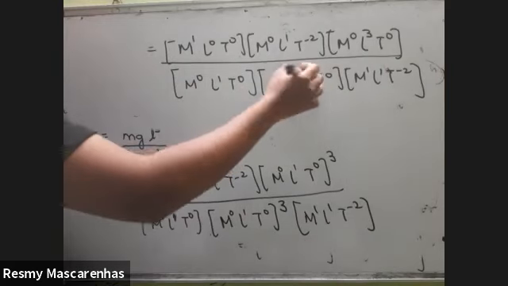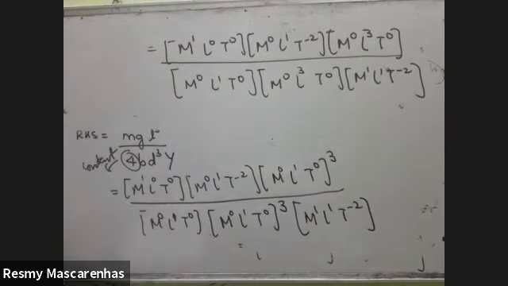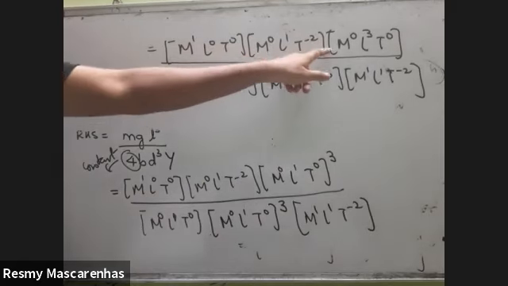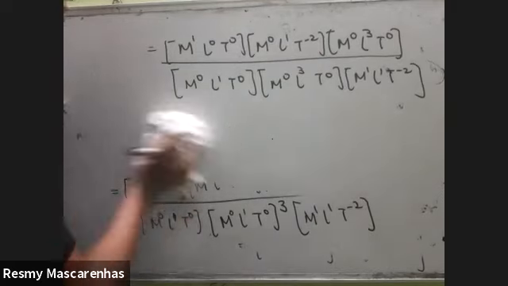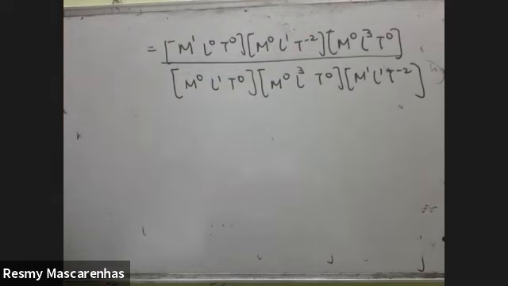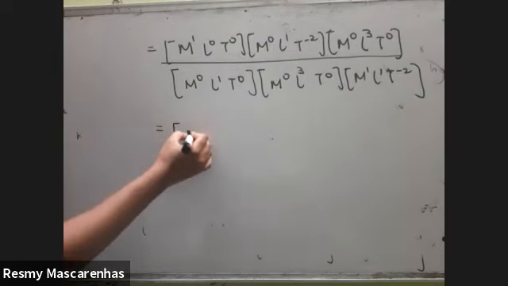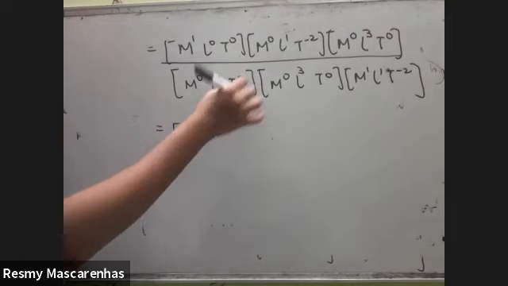So this will become 3. So add all the powers now because all are multiplication. All the powers: M 0 plus 0.